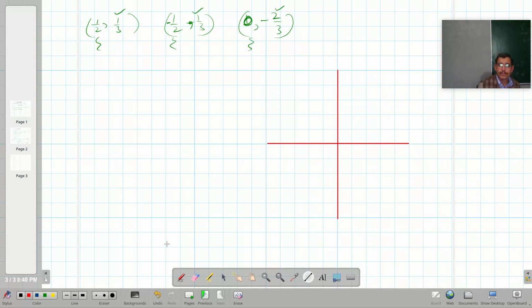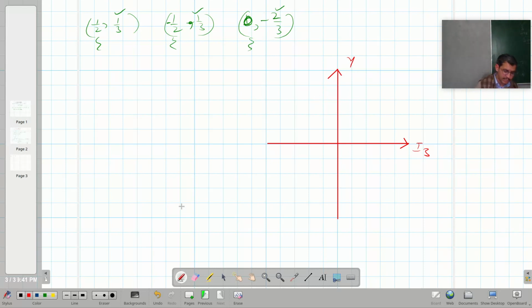This is I3 and this is Y, the hypercharge axis, and this is the z component of isospin.